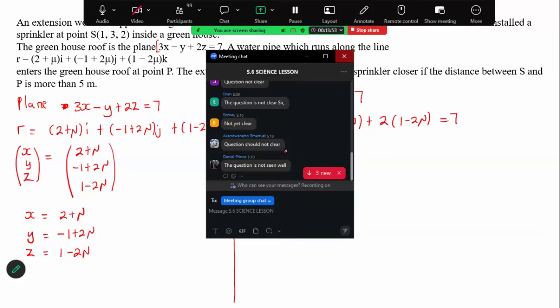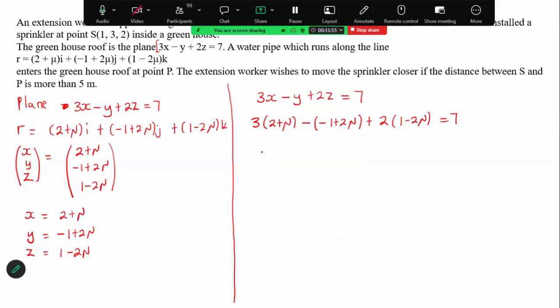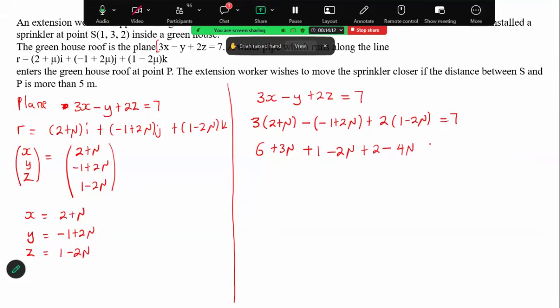So we are going to open our brackets. So we shall have 6 plus 3 mu minus this negative and the negative will yield a plus. This negative and a 2 will yield 2 mu. Then plus here we shall have 2 minus 4 mu equals to 7.